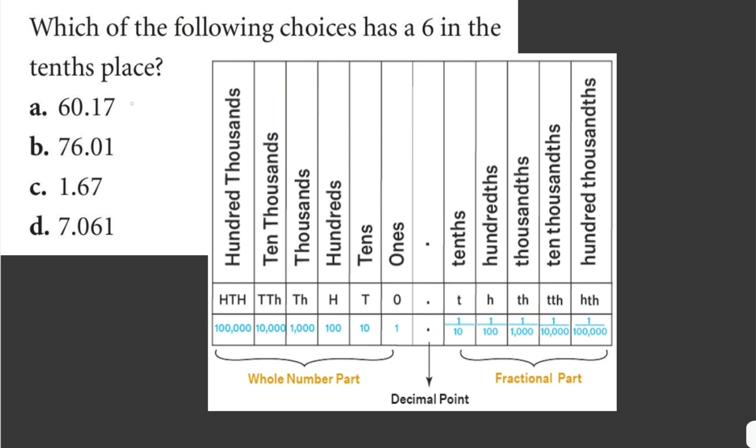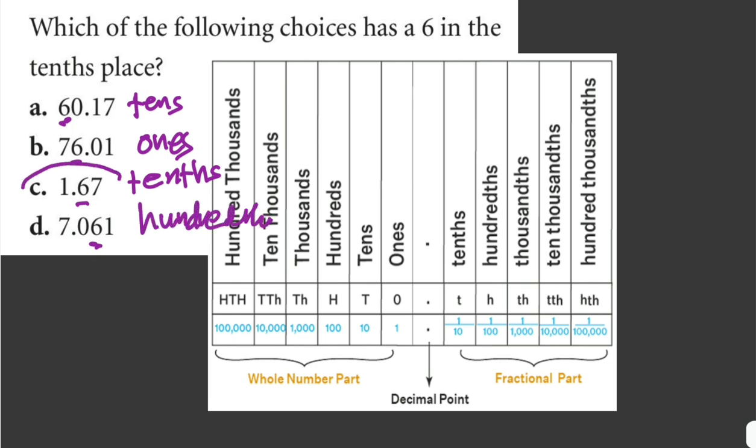So the first option here, we have 60.17, and 6 here is in the tens place, and 6 here in letter B is in the ones, 6 here in letter C is in the tenths, because it is the first digit after the decimal point, and then 6 here in letter D is the hundredths. Therefore, the answer here is letter C, because that is the first spot to the right of the decimal point.